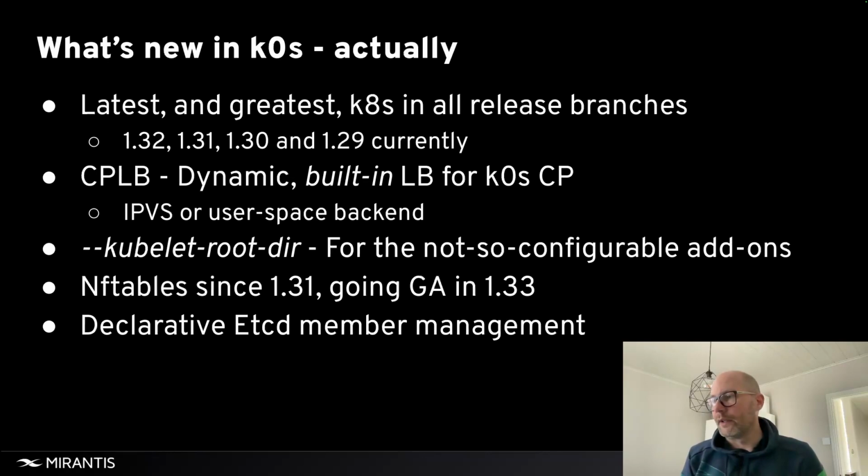It's going to go GA in 1.33, which means that iptables will still be the default for backwards compatibility reasons, of course. But we're now integrating nftables into all the testing matrices that we do.